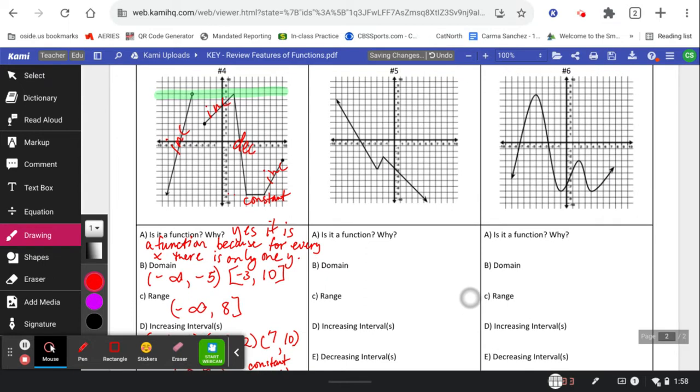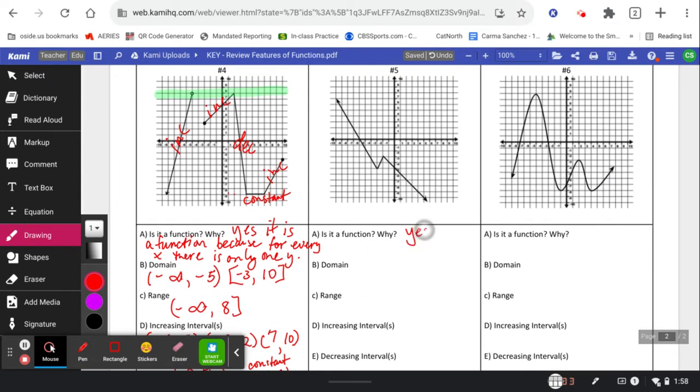Okay. This one is also a function. Domain of this one goes forever left, forever right.